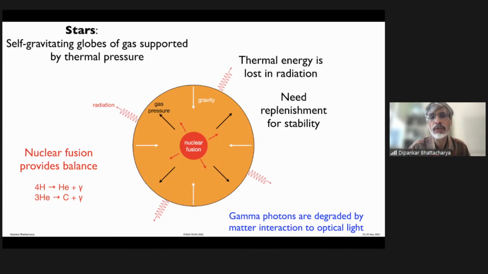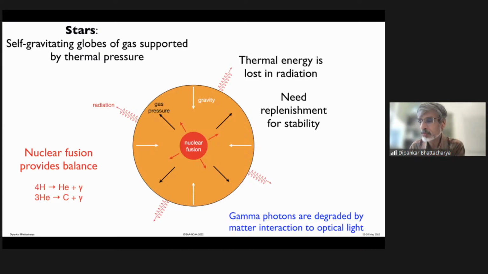However, the amount of energy that is being produced at the center must exactly balance the amount of energy that is being lost at the surface. Only then you have a perfect stability condition. And that's what most of these stars achieve.